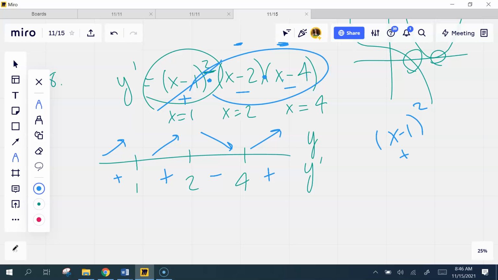Now, here's the other thing you can think about. What if you used the first derivative to find the zeros of the second derivative? Can you think backwards there?